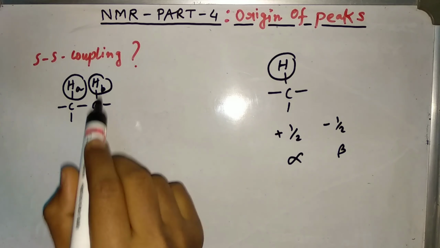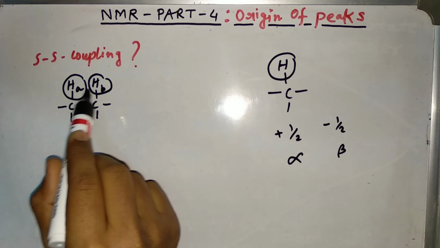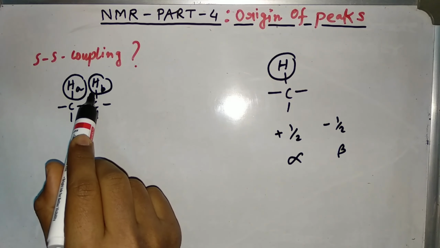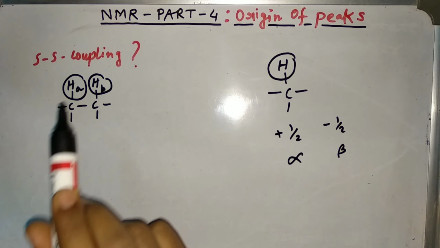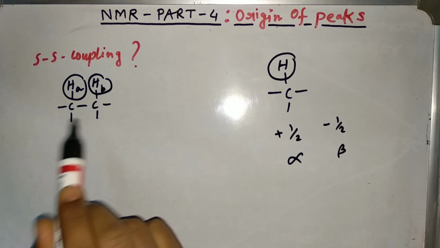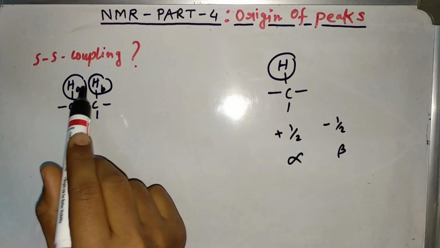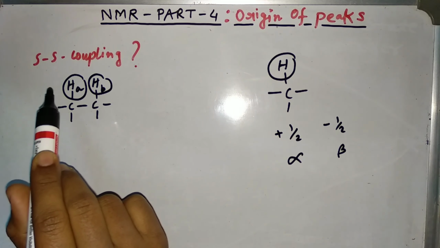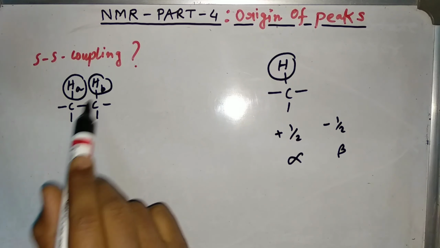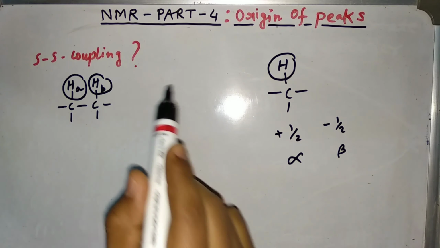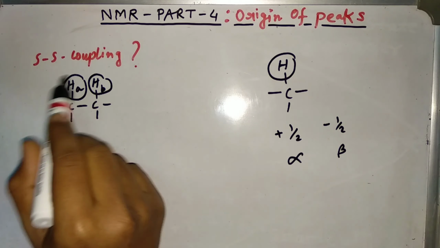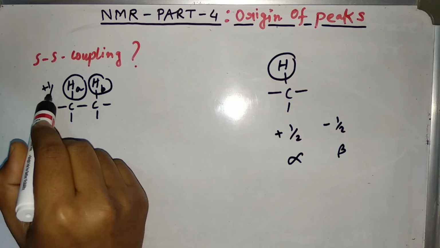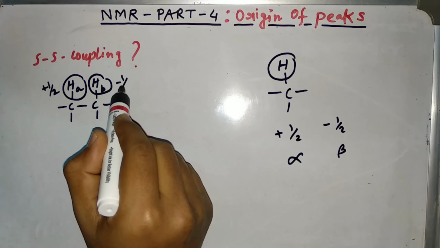Here let's consider HA and HB are chemically and magnetically non-equivalent, because if they are equivalent, they will give only one system, one peak. But here I am considering that HA and HB are not equivalent, chemically and magnetically both. Say this shows plus up spin state, this shows minus up spin state.